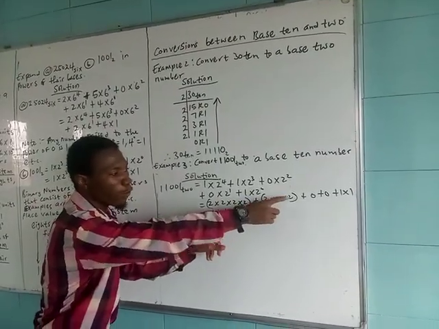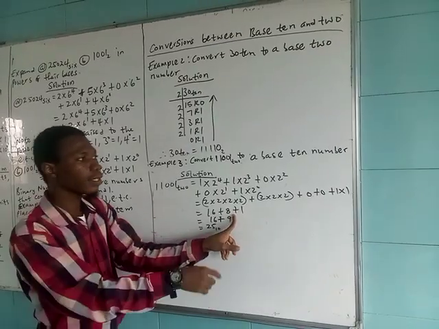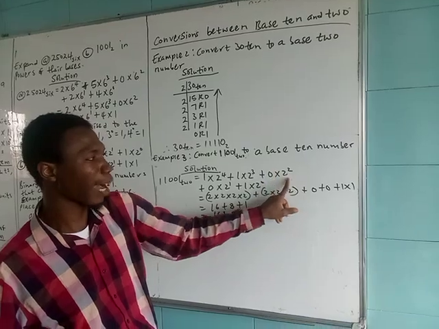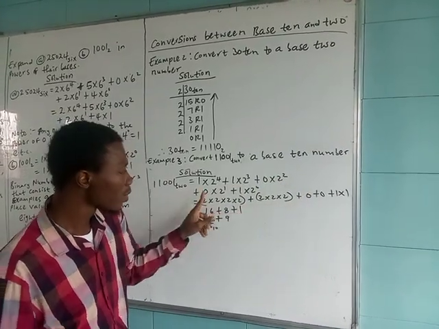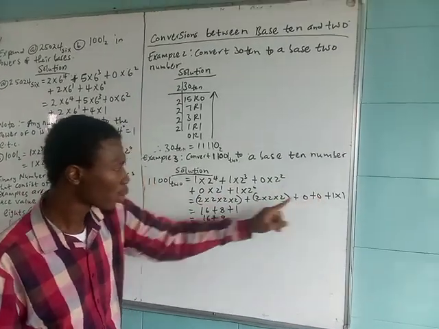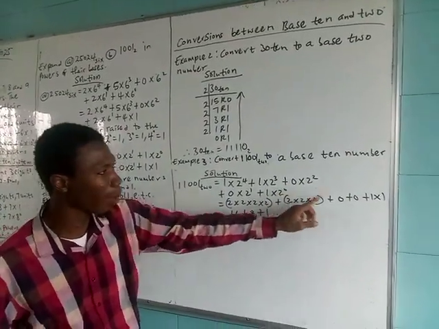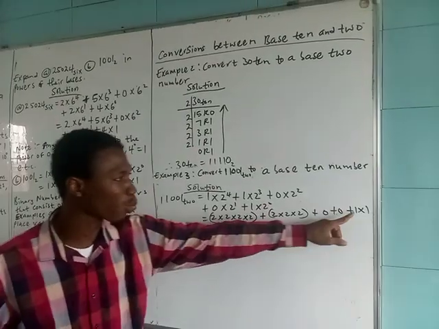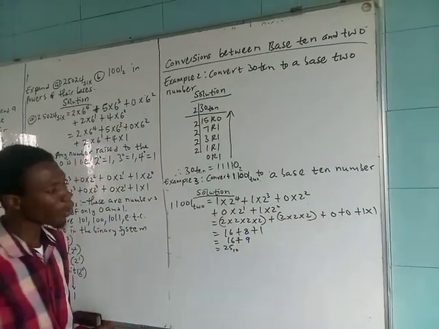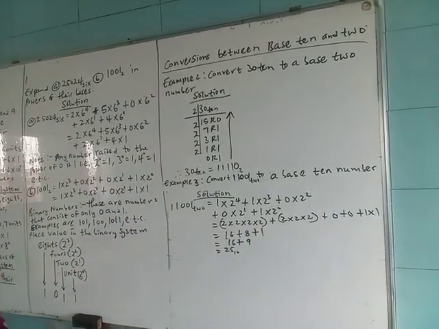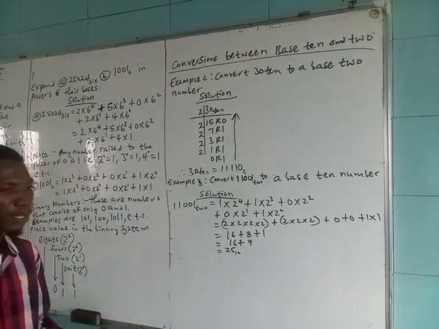Now, any number that multiplies 0 is 0. 0 times 2 is 0. Then 2 raised to power 1 is 2, and 2 raised to power 0 is 1, so 1 times 1 gives 1. So when you add 16, 8, and 1 together, it gives you 25 base 10.